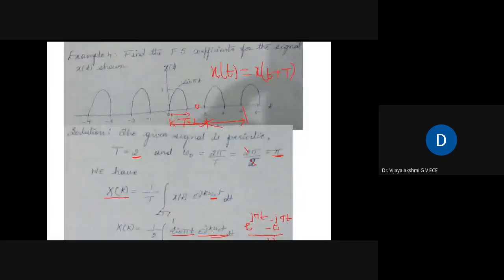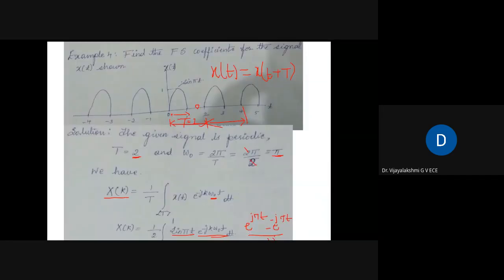Then you have two exponential terms, right? What is happening here is e raised to j pi t is multiplied with e raised to minus j k omega naught into t. That is one term, minus e raised to minus j pi t into e raised to minus j k omega naught into t. So you get two terms.